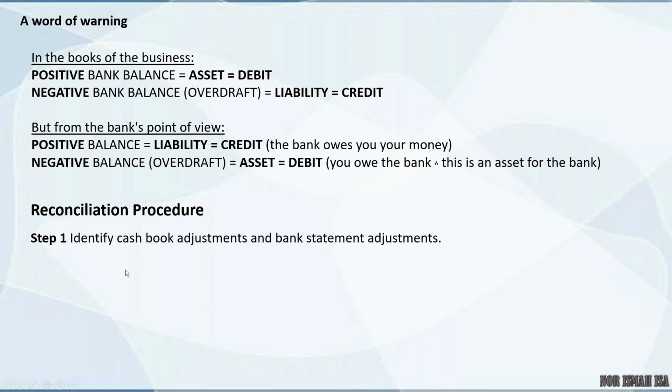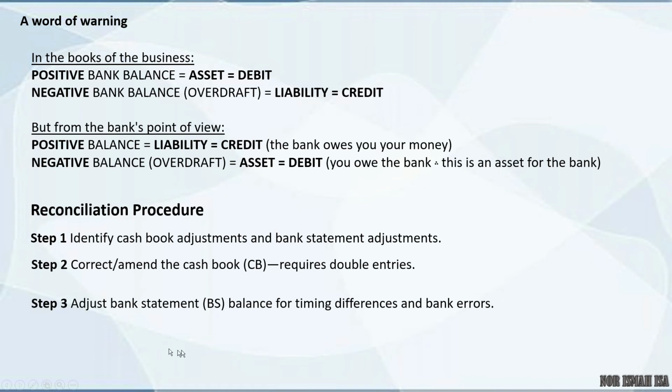So the company needs to identify the adjustments. And then number 2 is to correct or amend the cash book, which requires double entry. So we already identified the adjustments, so we need to do the double entry related to the cash book. So we will amend the cash book balance.